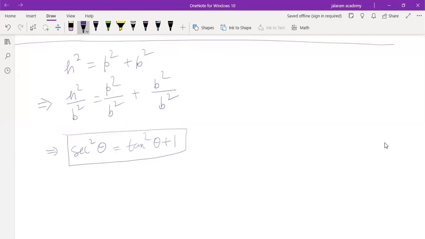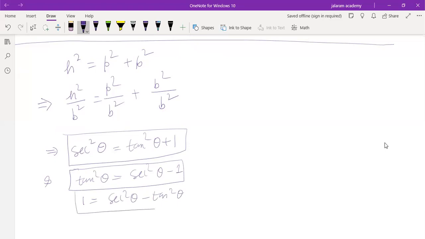And we have to learn the other forms of this identity also, like tan square theta equals, if we transfer 1 to this side, sec square theta minus 1. Again, if we find the value of 1, it is sec square theta minus tan square theta using the same identity, and it is also widely used to prove the trigonometrical identities.